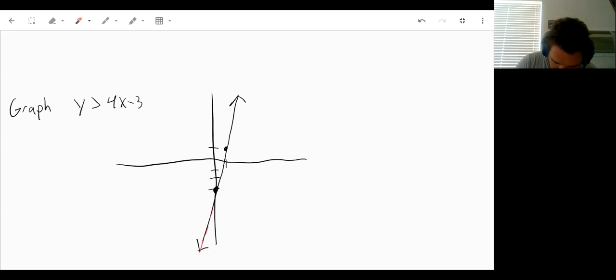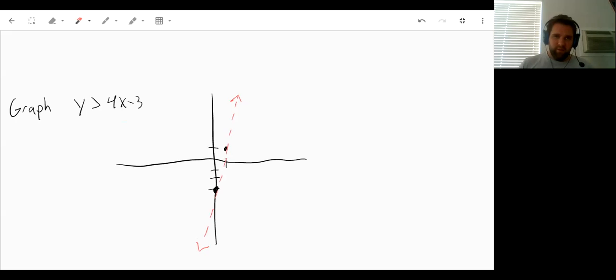So we'll go ahead and make this a dashed line. And I will erase the original line. And now I've got our dashed line answer.